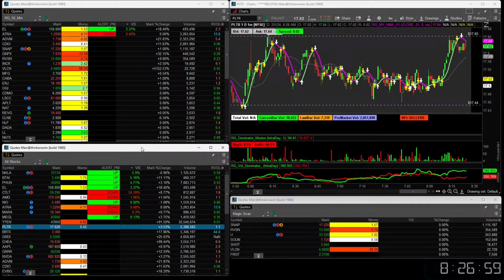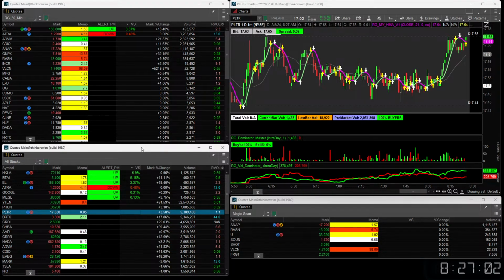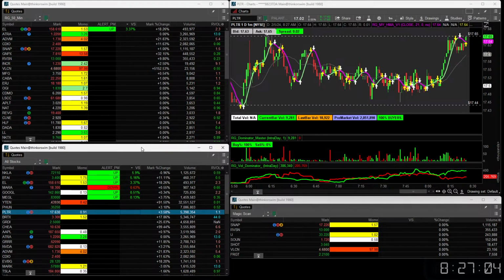Well, we're kind of hanging around at resistance on PLTR. That kind of tells me it may pop up at open. We'll see how it goes. That's the only thing I've seen so far.